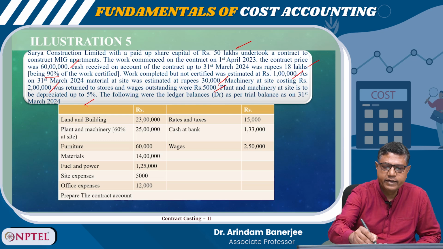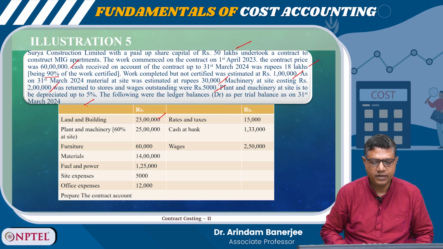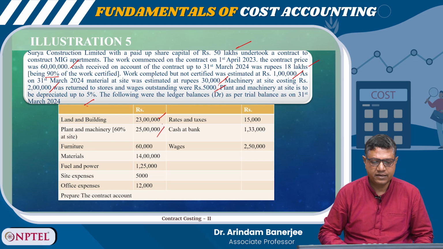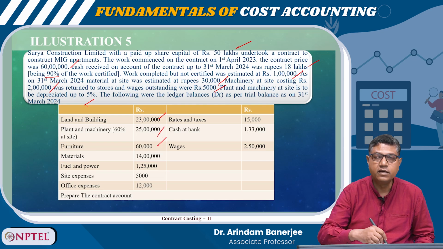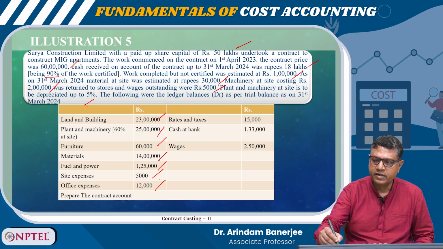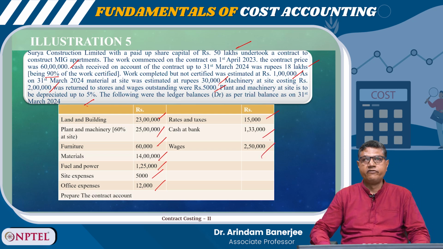Land and building 23 lakh, plant and machinery 60% at site, it is 25 lakh, furniture 60,000, material 14 lakh, fuel and power 1 lakh 25,000, site expenses 5,000, office expenses 12,000, rates and taxes 15,000, cash at bank 1 lakh 33,000, and wages 2 lakh 50,000.